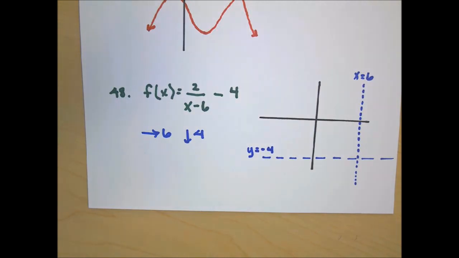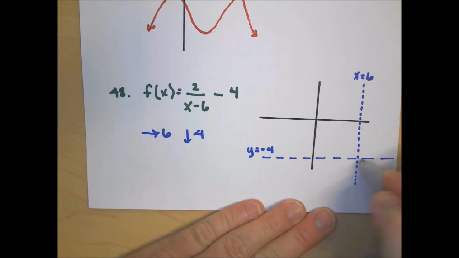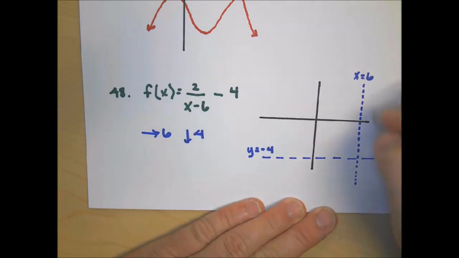Now it's simply time to sketch what this graph might look like. Because this is a 2, it isn't just going to go out 1, up 1. It's going to push out a little bit further, but it's basically going to do the same thing. It's positive, so it's going to do something like this.